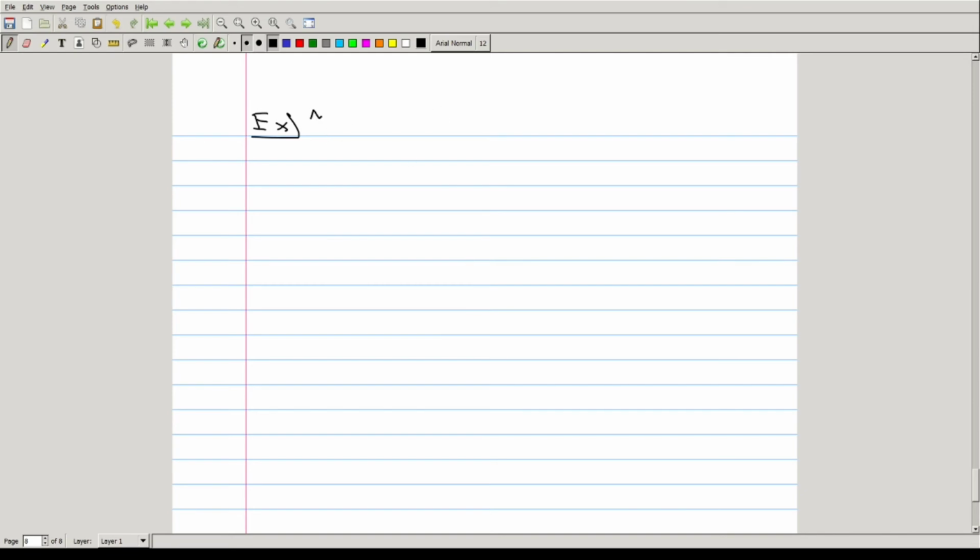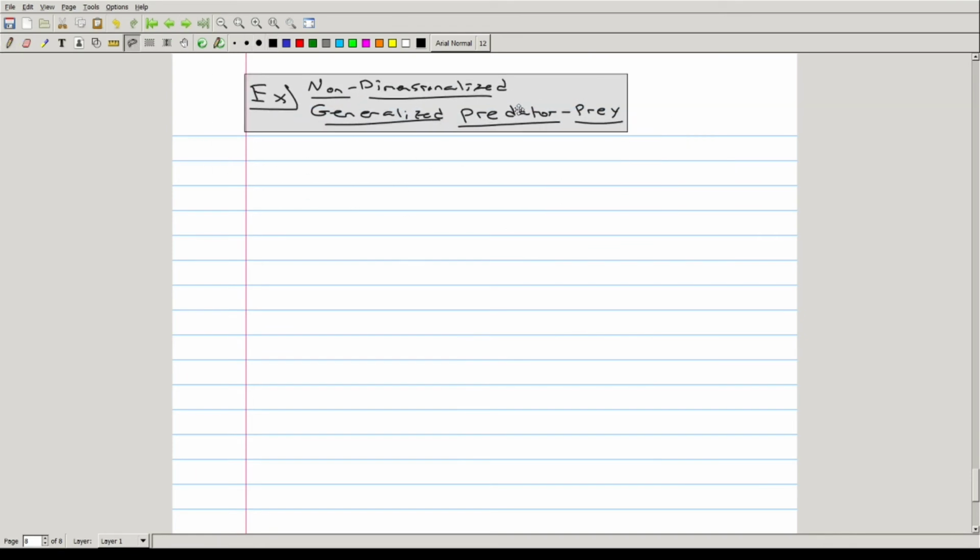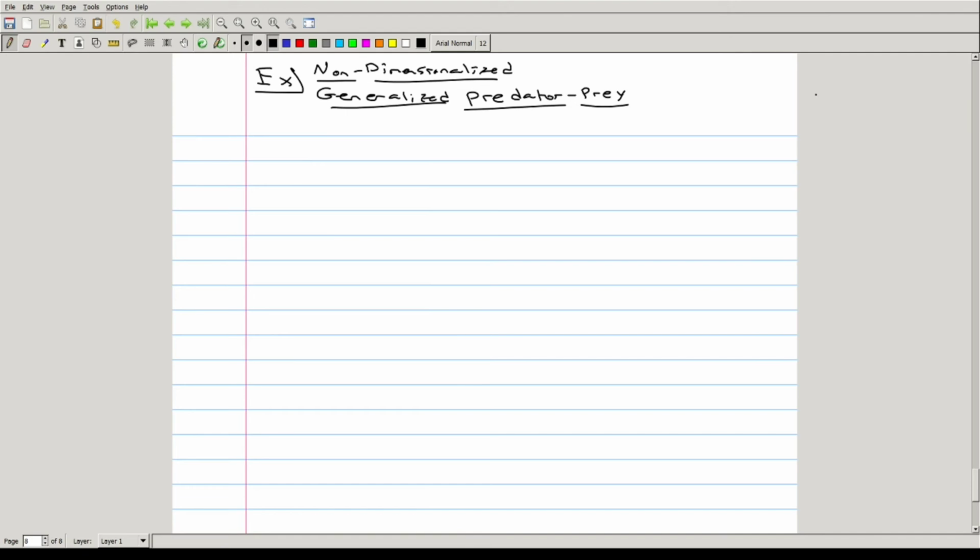So this is specifically the non-dimensionalized generalized predator-prey problem. This is found in the Ends book, one of our course texts.